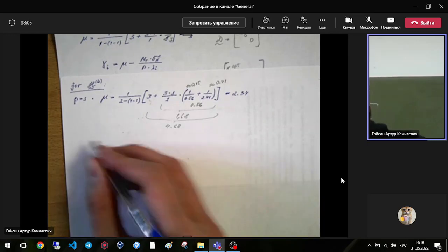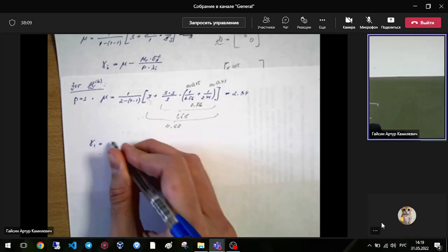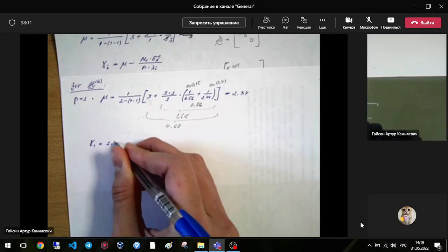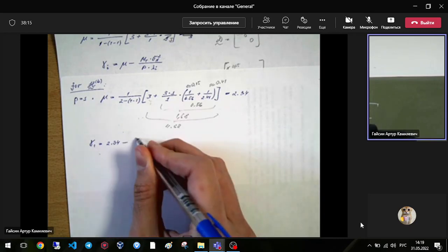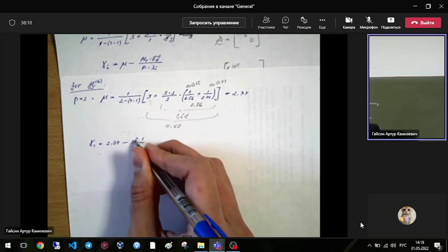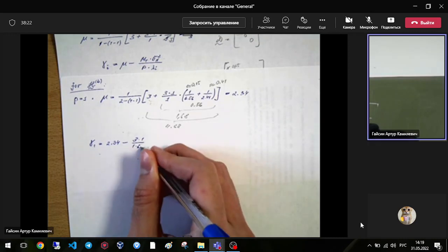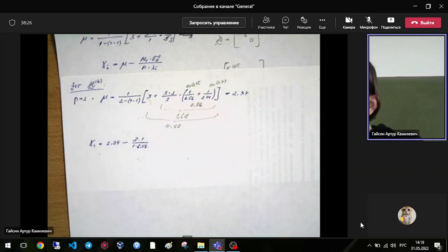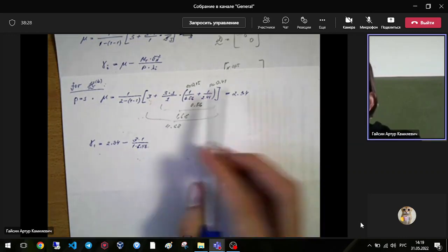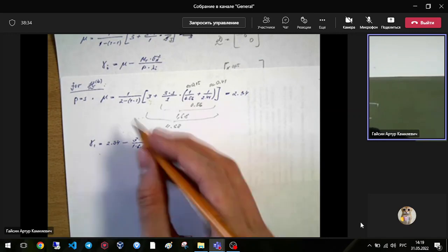In this case, omega 1 is equal to 2.34 minus 3 times 1 divided by 1 times 6.56. So you remember that 1 divided by 6.56 is equal to 0.15. So it is 0.45.